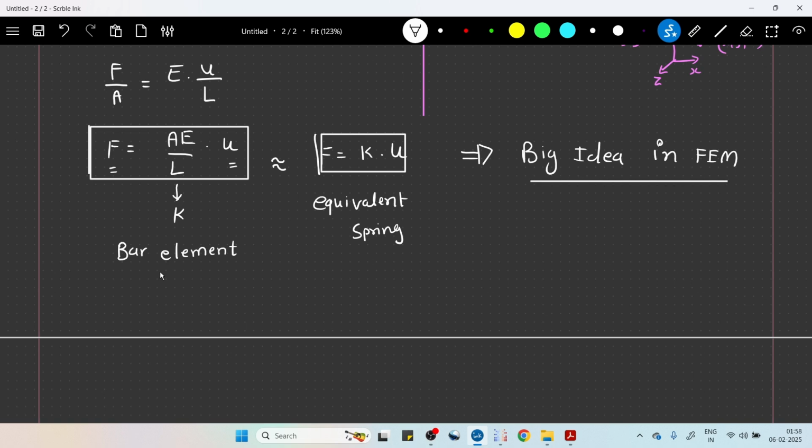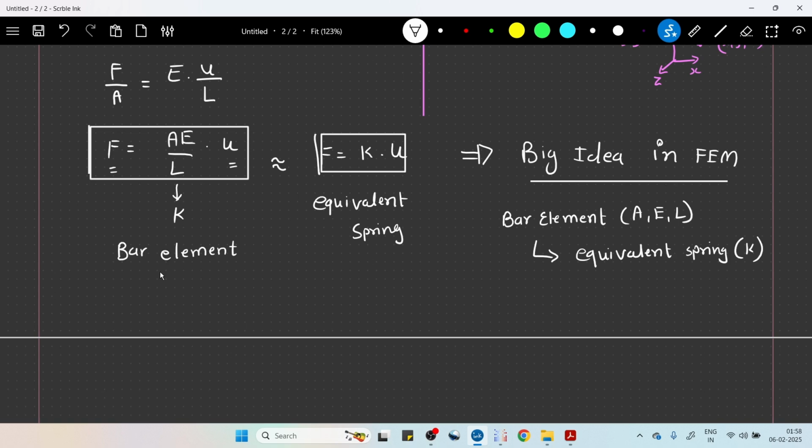We can represent the structural member, which is represented by a bar element of A, E, L, as an equivalent spring of K. This is a big idea in FEM or FEA.